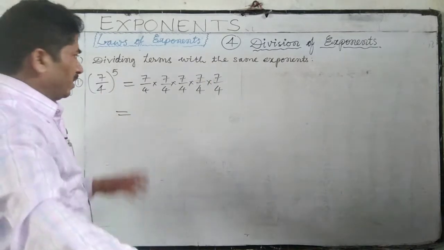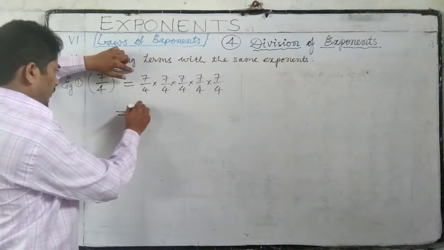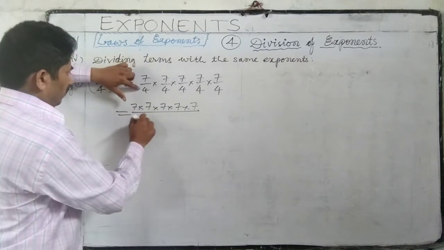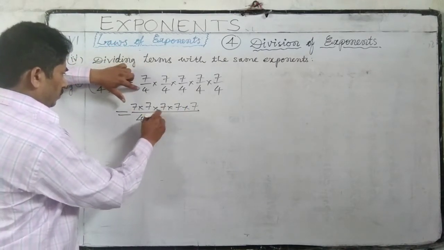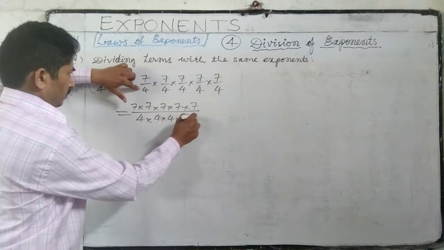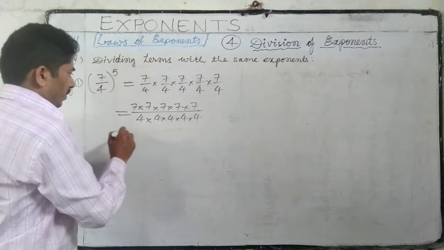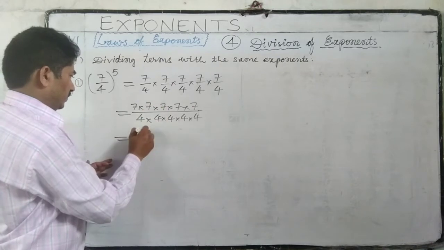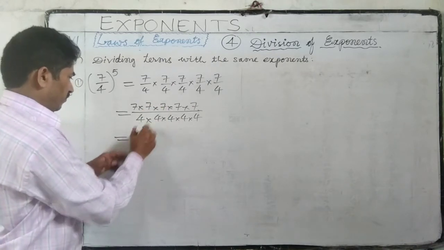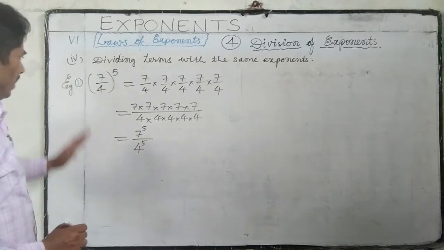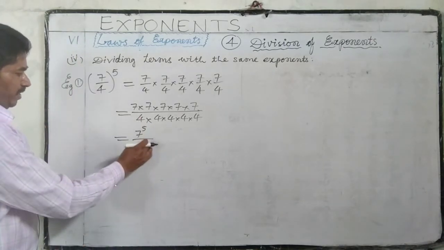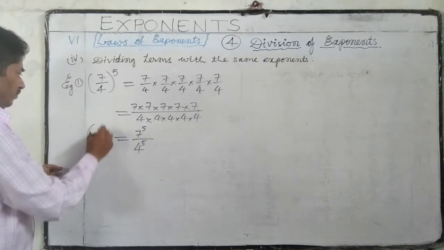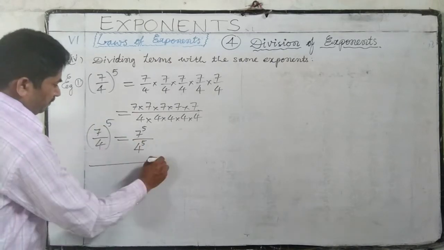Now we can write a product of numerators by product of denominators, 5 times 7 and 5 times 4. By the definition of exponent, we can write in short form 7 to the power of 5 by 4 to the power of 5. So 7 by 4 all to the power of 5 is equal to this.